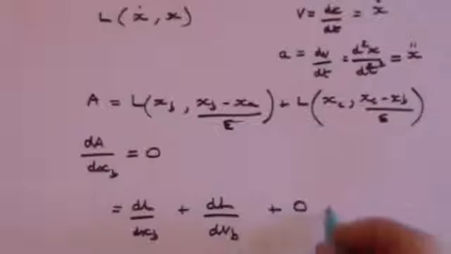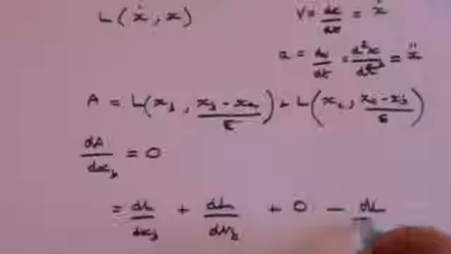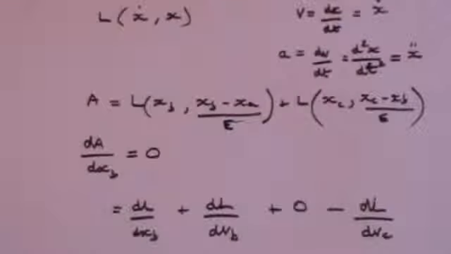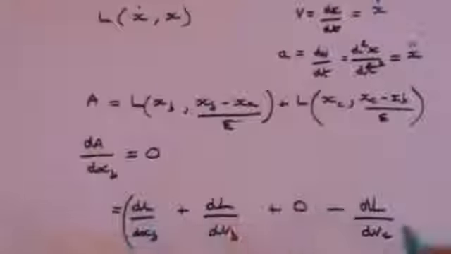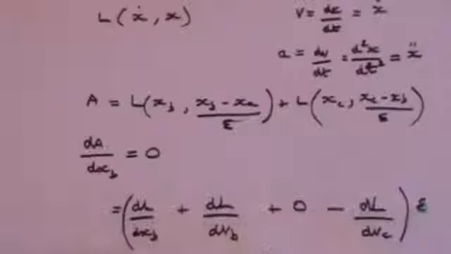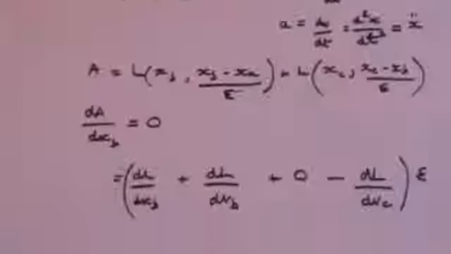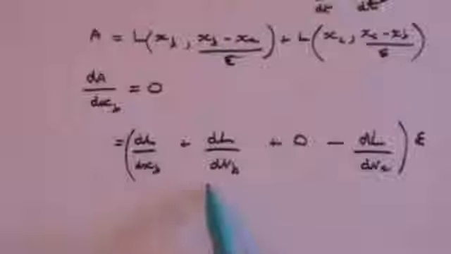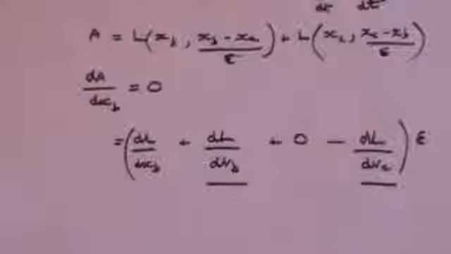So that is shown by saying it's minus dl by dv at point C. And just to complete the picture, all of that, of course, is multiplied by epsilon, although that won't matter. So we've now got to look and see what happens in the limit. What happens in the limit, particularly with this term and this term?